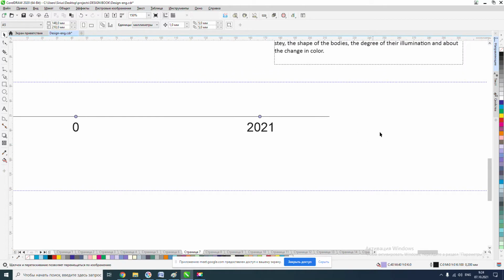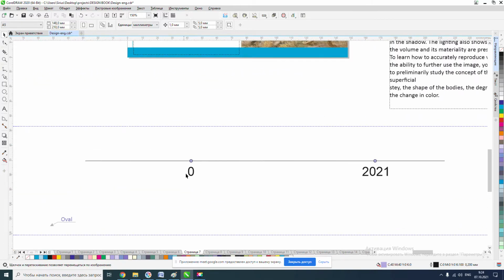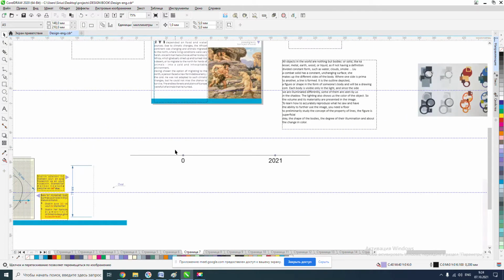Then we'll go to 2022, 2023, and so on. What is 0? From what do we begin our counting? Hmm? 0 is Jesus' birthday.